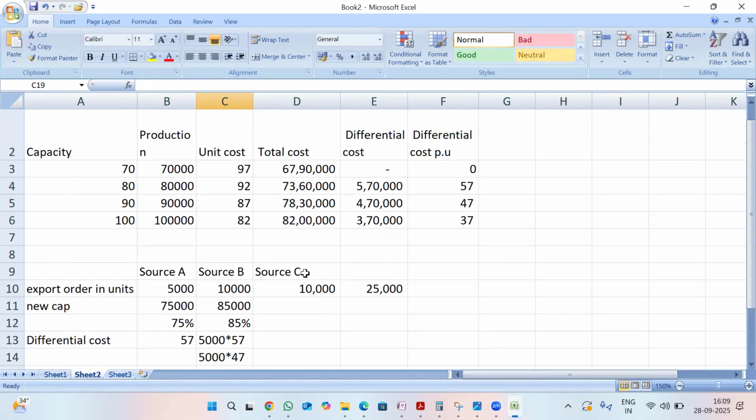Now, if I am accepting another offer of 10,000 units, that means now I am in the 95,000 slab, right? So again here, my differential cost will get generated.